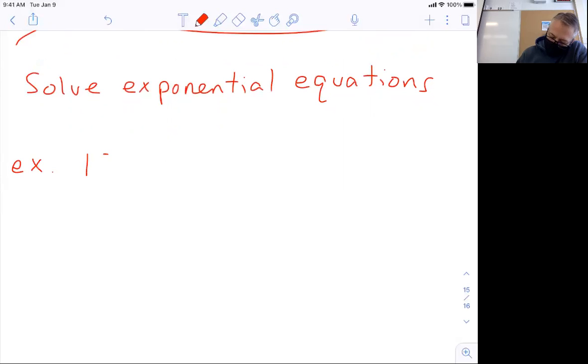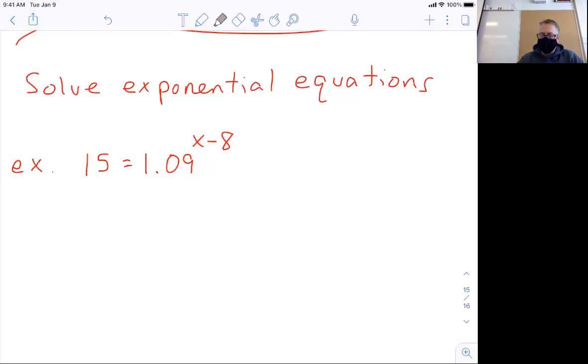Let's say we had 15 is equal to 1.09 to the x minus 8 power. That is an exponential equation. 1.09 to some power, that's ugly.